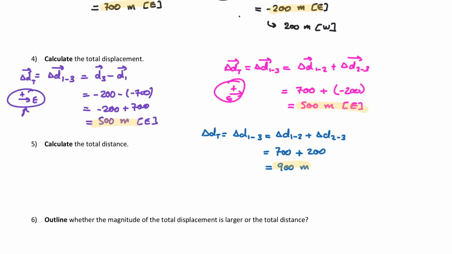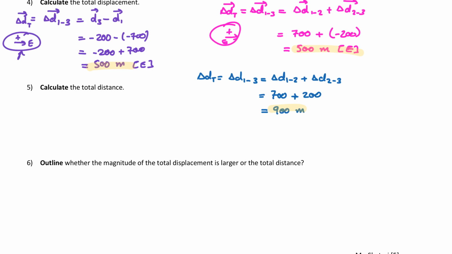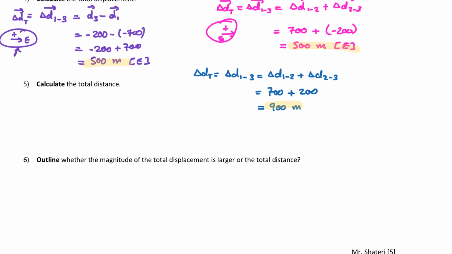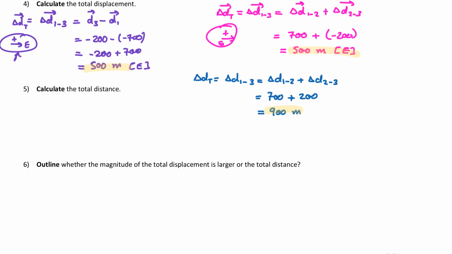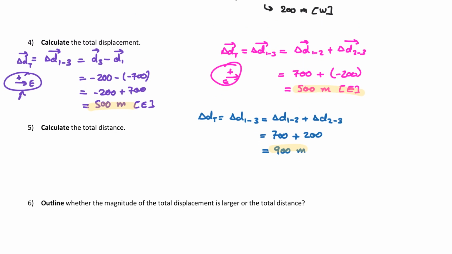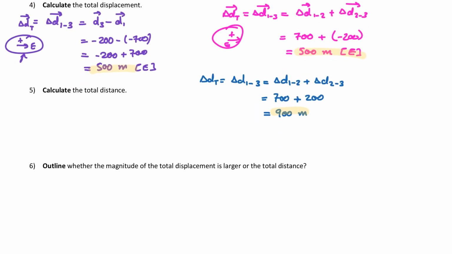Okay, the final question here for today's lesson says outline whether magnitude of the total displacement is larger or the total distance. So we can see in terms of magnitude, the displacement, the magnitude of it was 500.